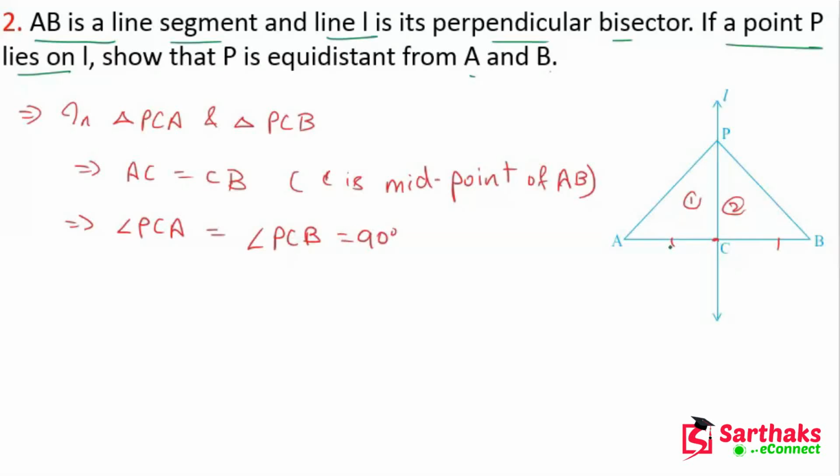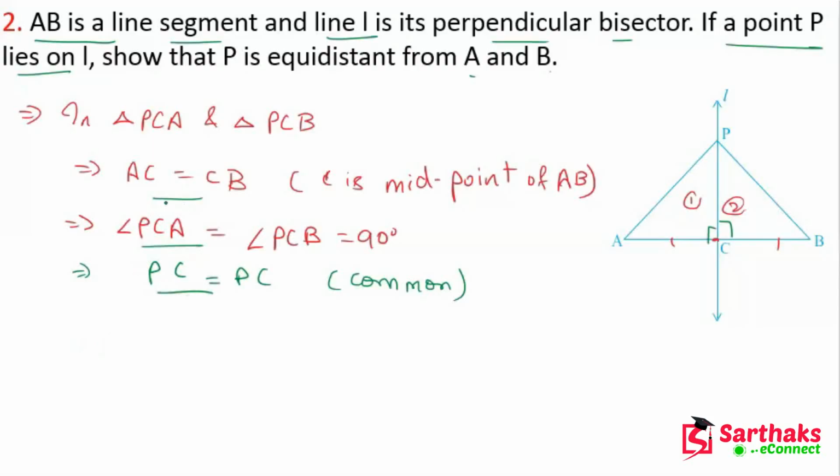This angle PCA and angle PCB are 90 degrees. And PC is equal to PC because this is a common side. So we can say that these triangles are congruent by side angle side.